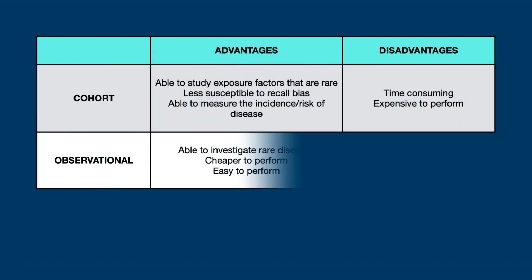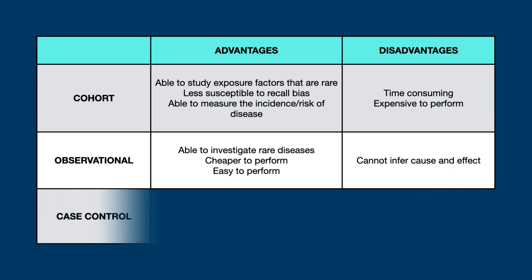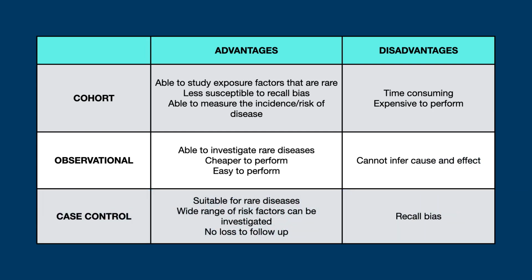This table elicits the advantages and disadvantages of three types of studies, which are the cohort, observational, and case-control study. A cohort study is able to study exposure factors that are rare, less susceptible to recall bias, and is able to measure the incidence or risk of disease.